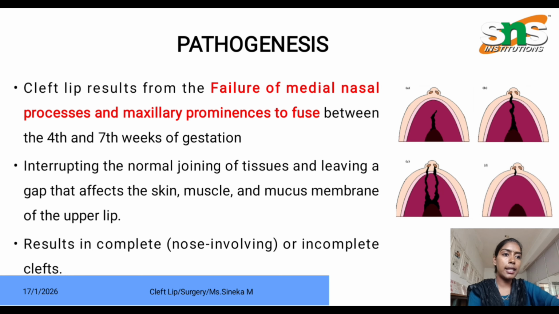Pathogenesis, how this disease occurs. Cleft lip results from the failure of medial nasal processes and maxillary prominences to fuse between the 4th to 7th week of gestation.